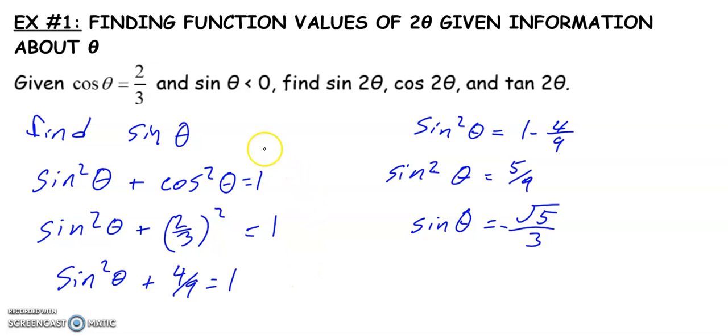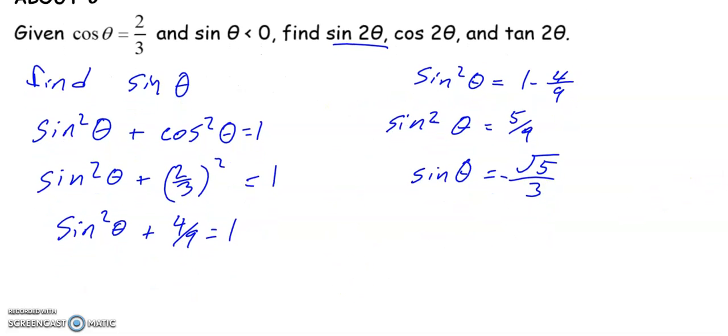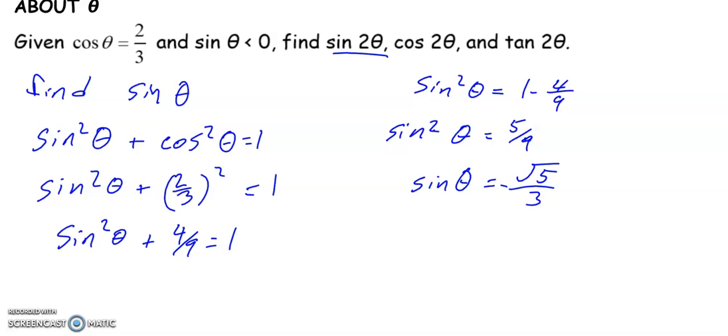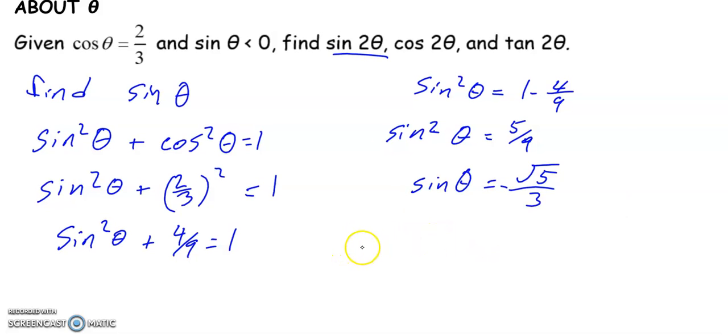Now the problem didn't ask me to find sine of theta. It asked me to find sine of 2 theta. So when we look back at our double angle identities, we know the sine of 2a equals 2 times sine a cosine a.